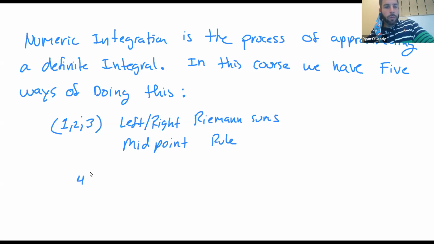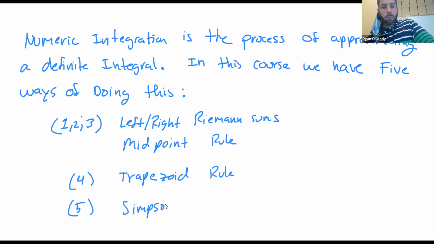And then the fourth one we taught you was the trapezoid rule. And then the fifth one was Simpson's rule.